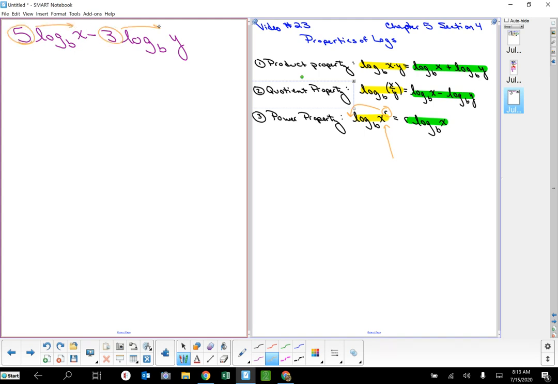So now you're going the other direction. So I have log base b of x to the 5th minus log base b of y to the 3rd. And now you know the quotient means divide. So now I have log base b of x to the 5th over y to the 3rd.